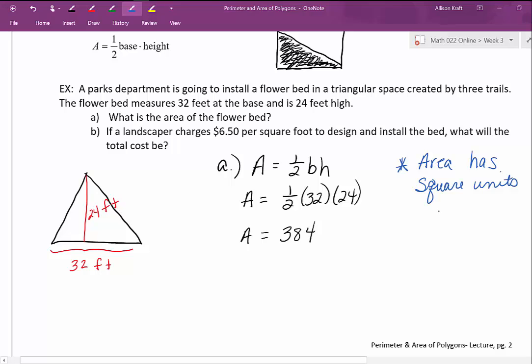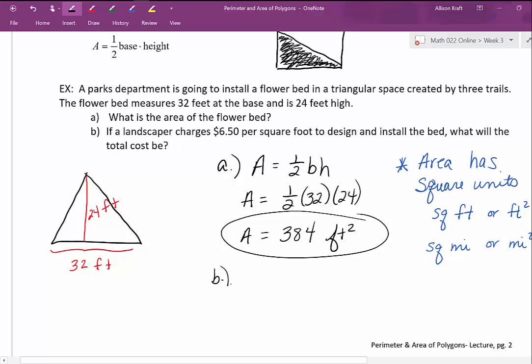Examples of that would include square feet, or we can write that as feet with the little exponent of 2, square miles, or miles with a little exponent of 2. But you got to make sure your units are squared with area. We were talking in terms of feet, so our unit is going to be square feet for part A.